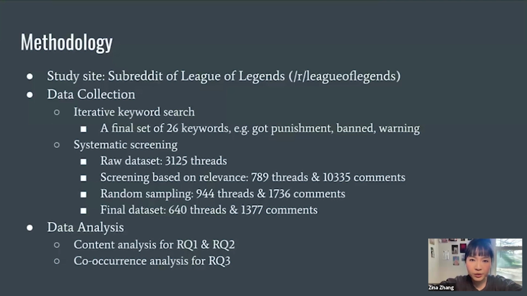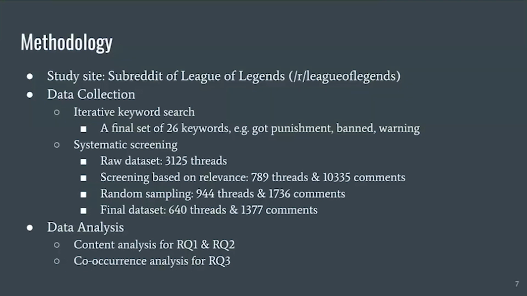Finally, after removing disagreement and invalid data, we have 640 initiated posts and 1,377 comments for data analysis. To analyze the data, we conducted content analysis to address our first and second research questions. We then used co-occurrence analysis to determine how these 2 types of data were related, thereby giving the potential benefits of peer support.